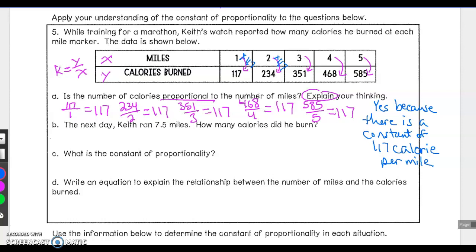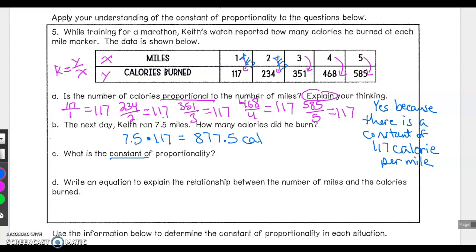So if we take 7.5 miles, we're going to multiply that by 117 because that's what we're doing to the number of miles. And if you type that into a calculator, it equals 877.5 calories. Because we're just multiplying by our constant.